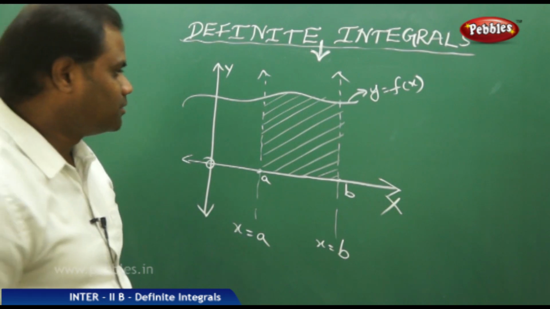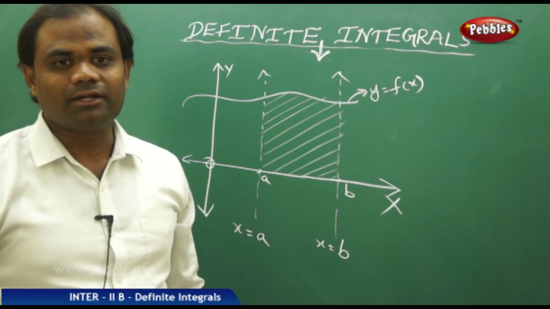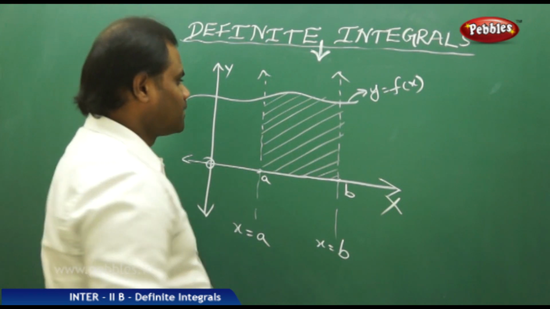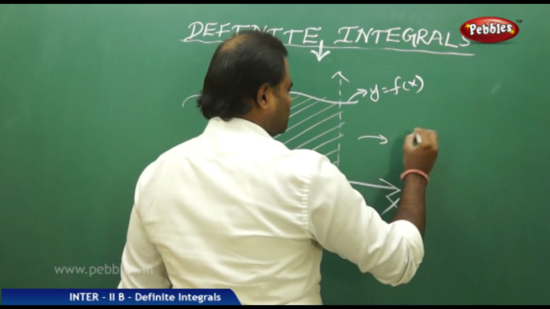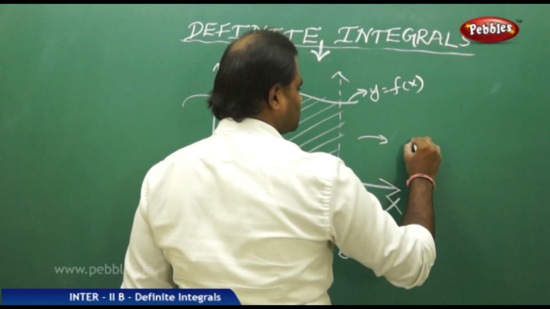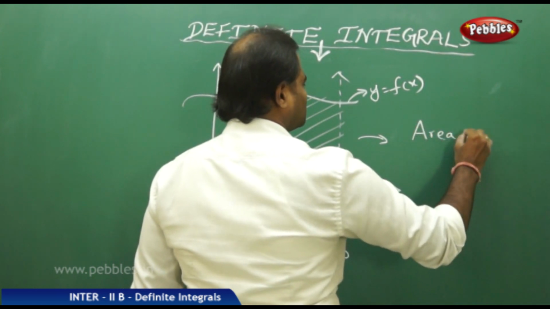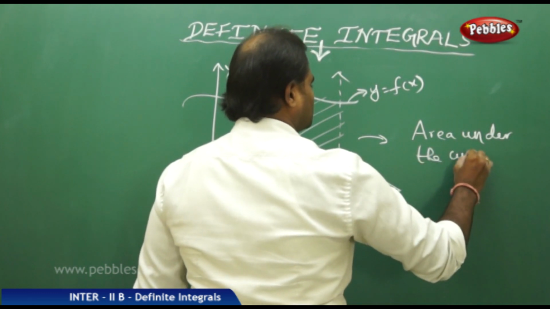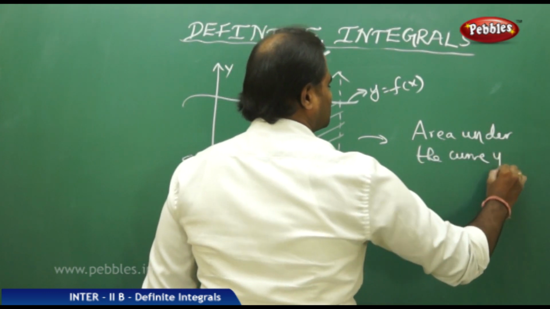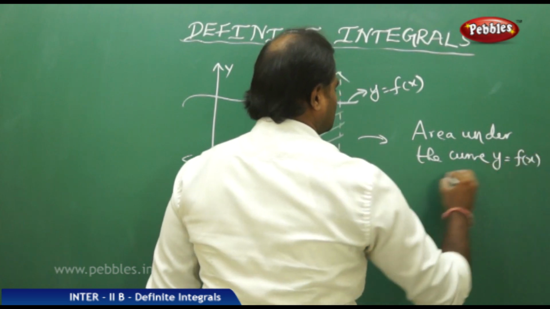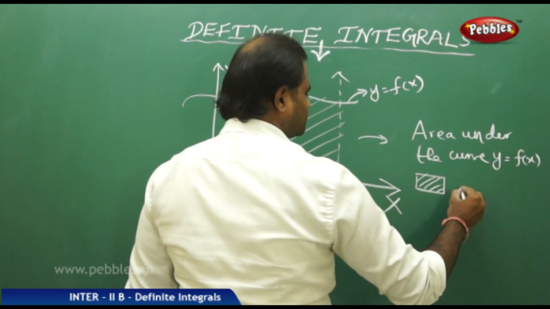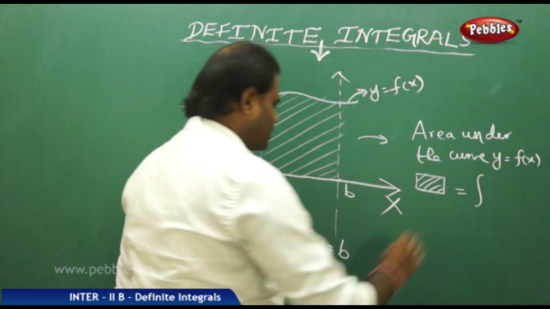This can be done using integration, and this kind of integration is called definite integration. The area under this curve, as given by this shaded region, is given by the integral.